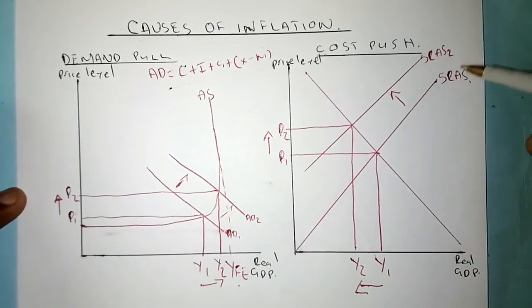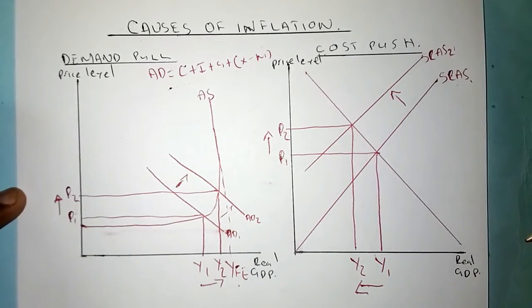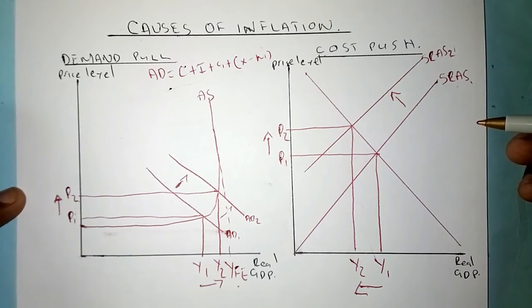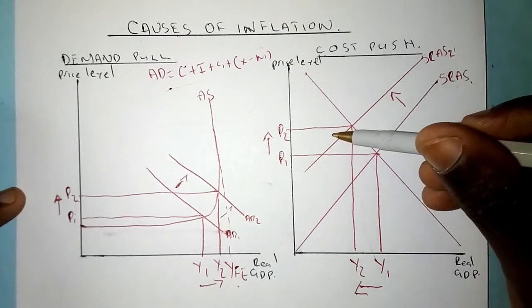So what might cause short run aggregate supply to shift to the left? There are a host of reasons why cost push inflation is caused by supply side shocks. Those shocks are like an increase in the price of a commodity, an increase in the price of raw materials, which will all shift short run aggregate supply to the left, causing cost push inflationary pressure.